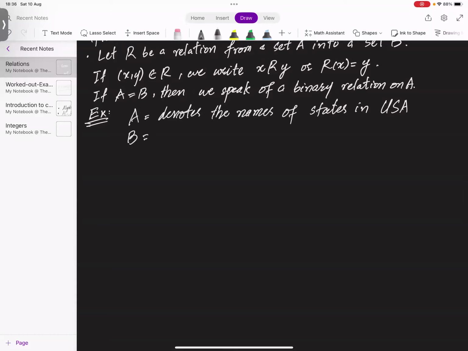B denotes the positive integers, or the integers.